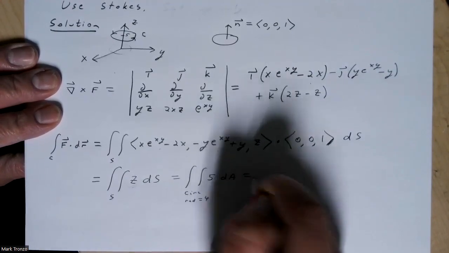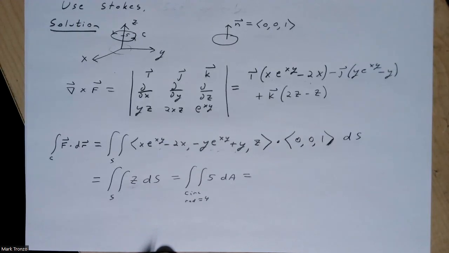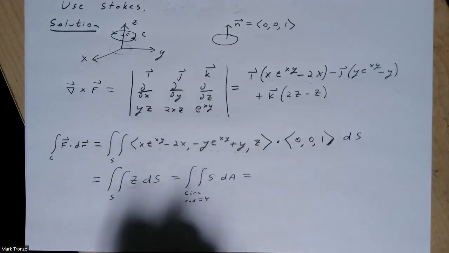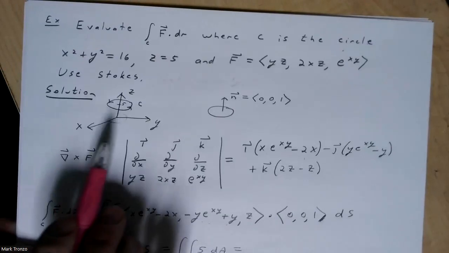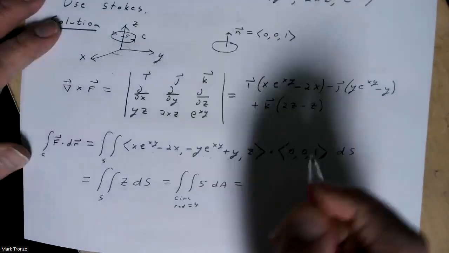And of course, when we're doing a circle, well, a couple things to remember here. We'll do a circle. You could change to polar coordinates and do that.